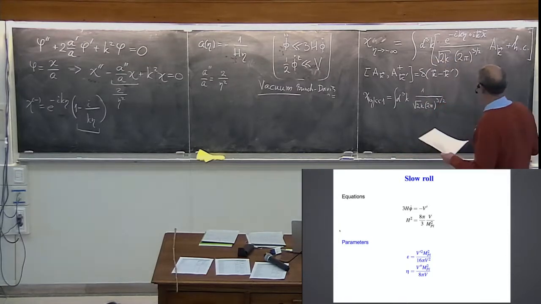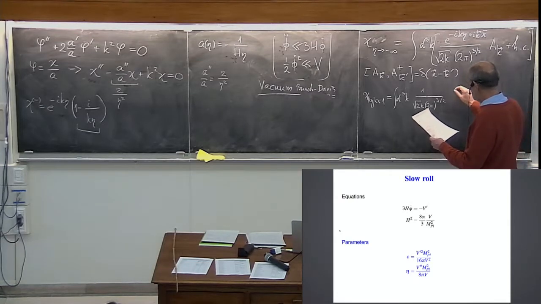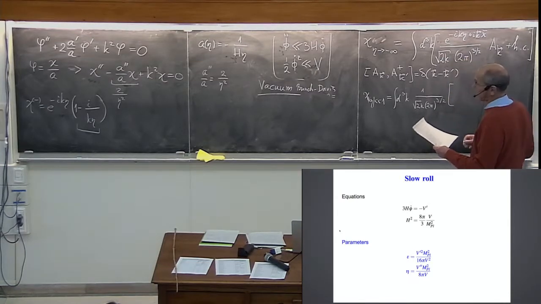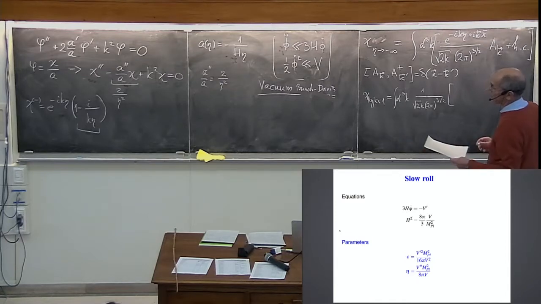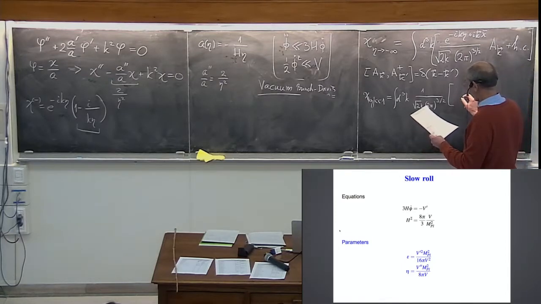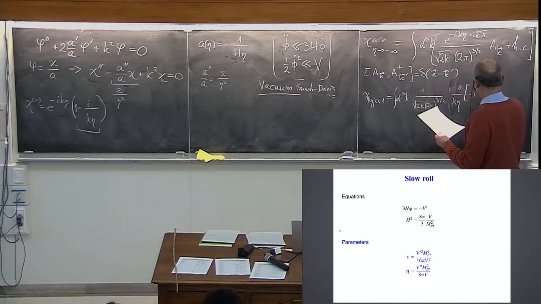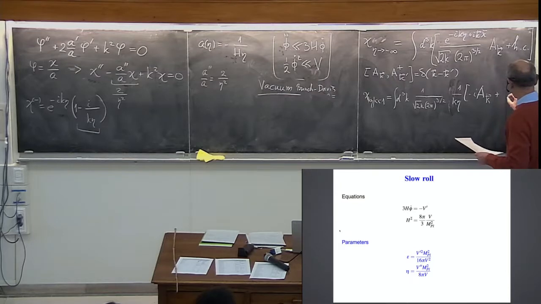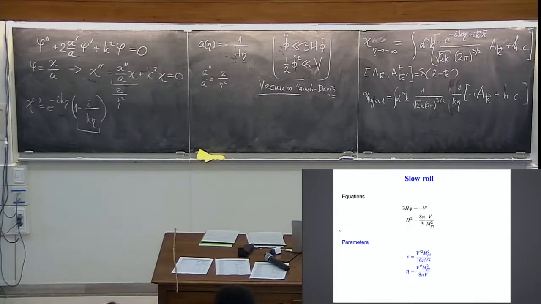That's my coefficient. And then instead of e to the minus ik eta, I insert minus i over k eta. So I get 1 over k eta, minus i a k plus Hermitian conjugate. That's the behavior of my chi.